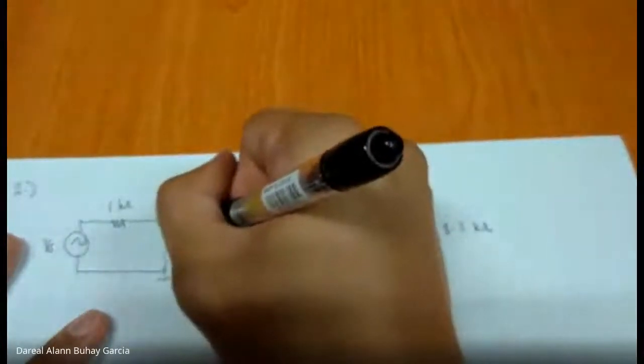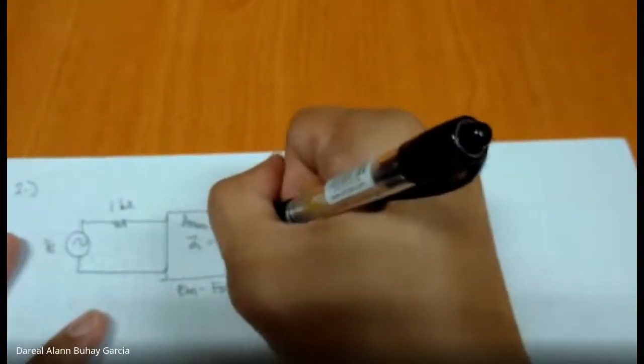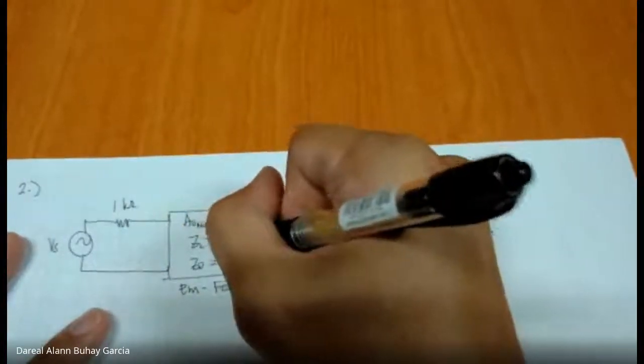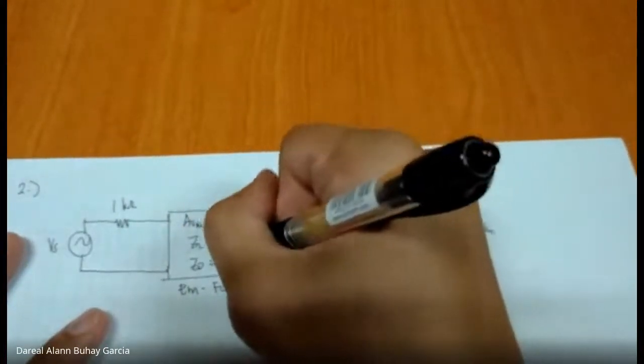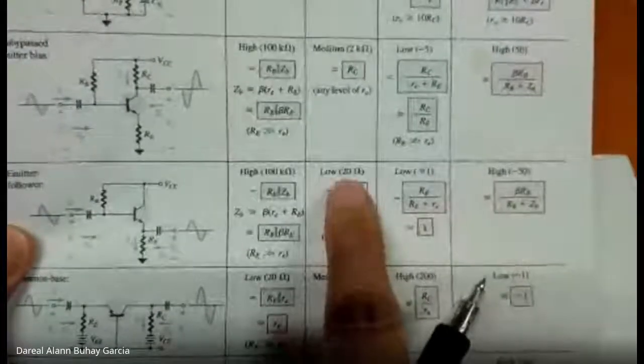Input impedance is 10K. Output impedance is 12 ohms, which is small for an emitter follower, so it has a low output impedance.